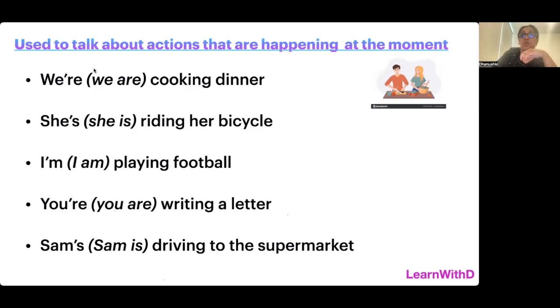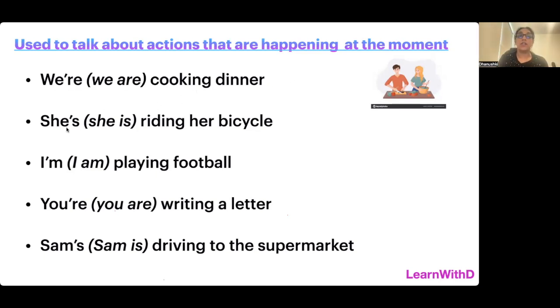So we have put we and are together and made we're. So we are cooking dinner. Cook is the verb and we added an ing or a gerund, right? So we are cooking dinner at this moment. That is present continuous.